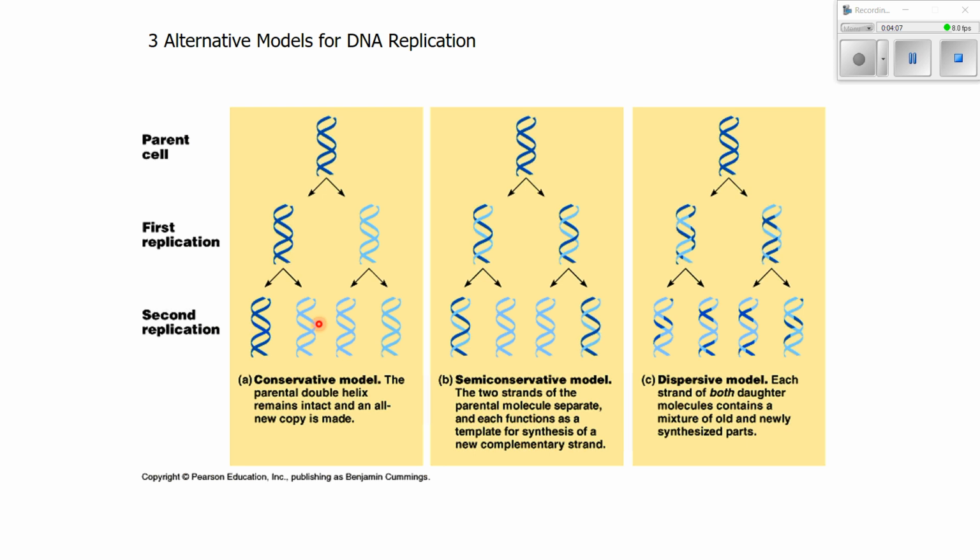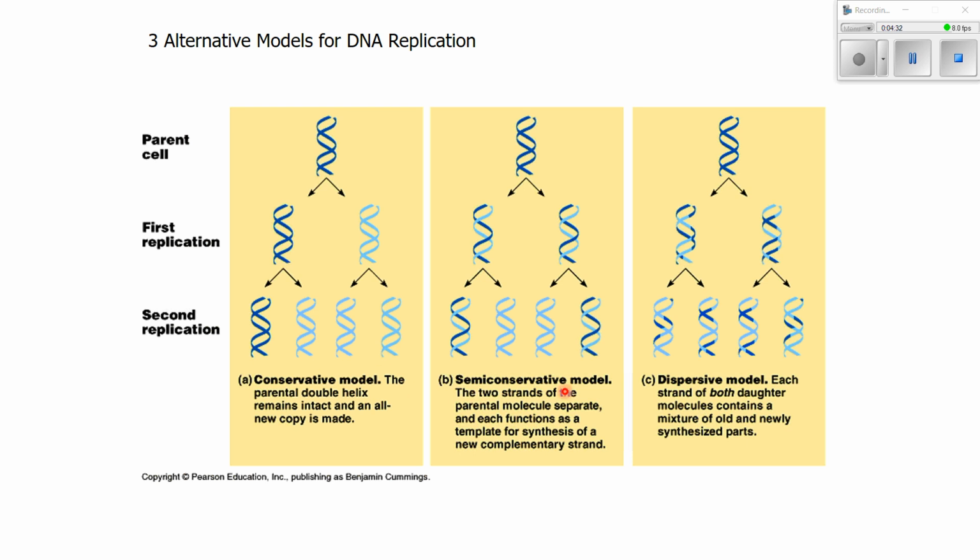So if you take one DNA molecule and you copy it once and then you copy it again, what are you going to have? You're going to have the same original double-stranded DNA that you started with, and you'll end up with three newer copies. Okay, that's the conservative model.